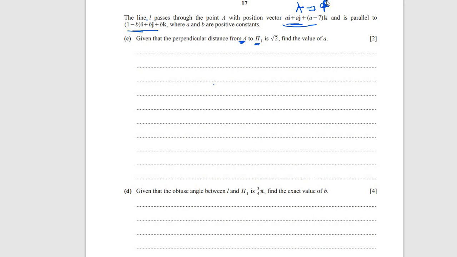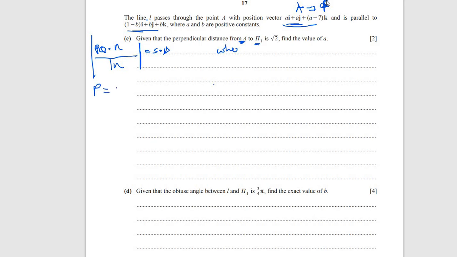It is root 2. The formula for the shortest distance between a line and a plane is the modulus of PQ scalar dot n, all over modulus of n. This is the shortest or perpendicular distance between a line and a plane, where P is the point the line passes through.